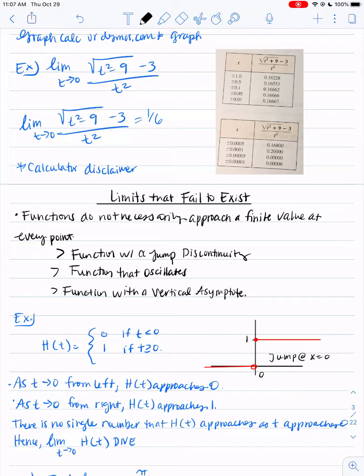So basically, when t is small, a calculator's value for the square root of t squared plus 9 is 3.000 to however many digits the calculator is capable of carrying. And so basically, the calculator is just like, it's 3, so 3 minus 3 is 0. So we just need to be careful when we're using the calculator, because sometimes we get inaccurate graphs or inaccurate values because of problems with subtraction. But in this case, our limit is 1/6.